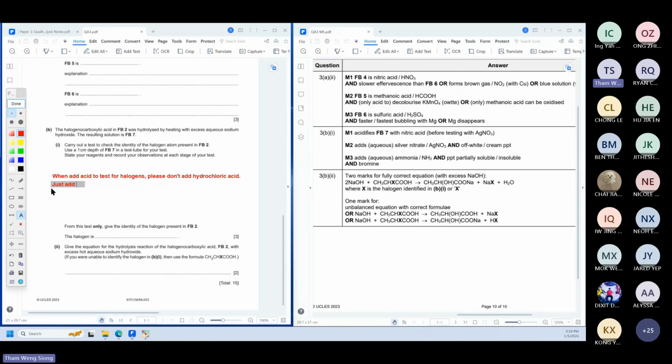Just add sulfuric or nitric acid. Why? Because if you add hydrochloric acid, your Cl minus is going to give you white precipitate again, because of the Cl minus. So do take note of that.